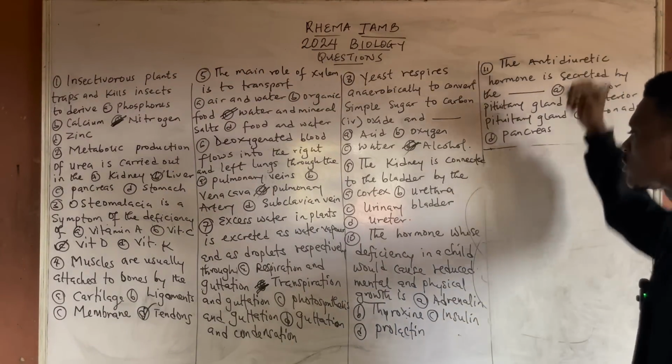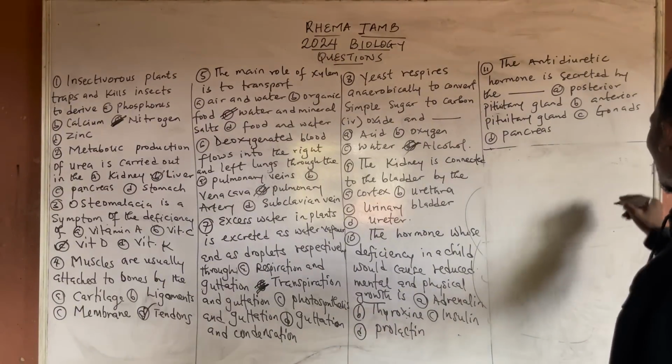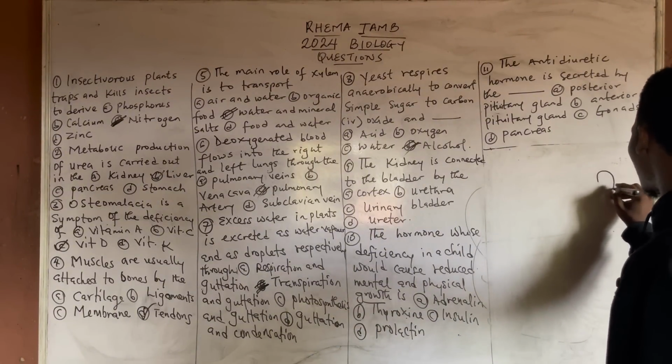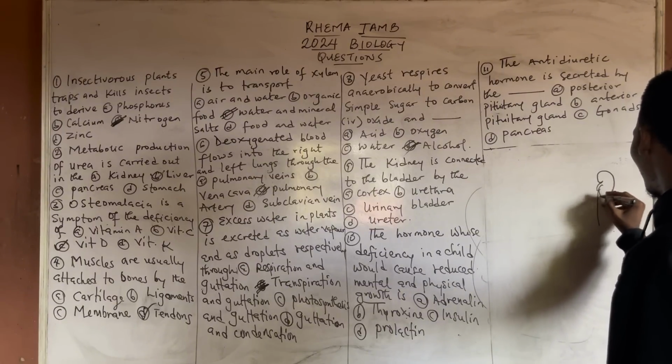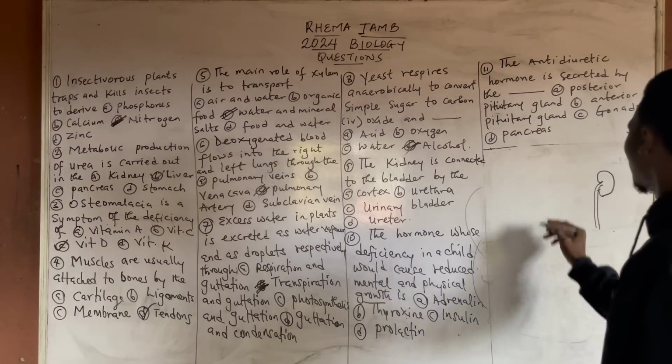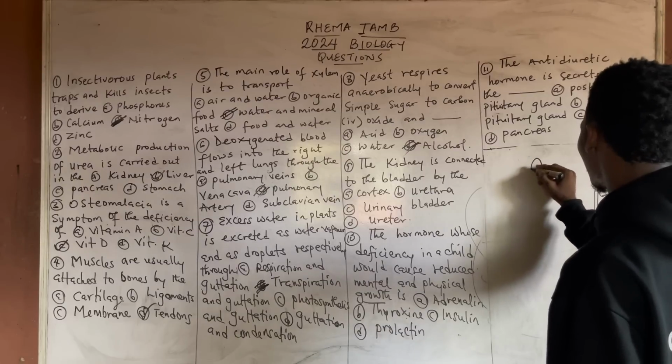The kidney is connected to the bladder by the dash. Okay, let's just take a glance at the structure of kidney. All right. Now, we can have this kind of diagrammatic representation of kidneys.